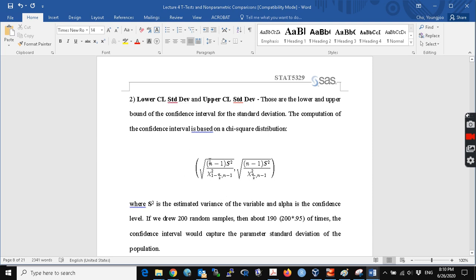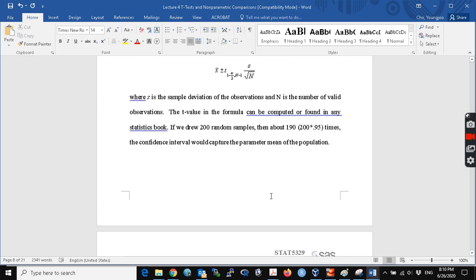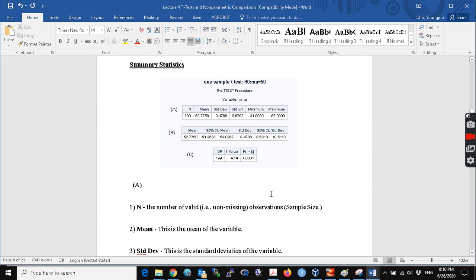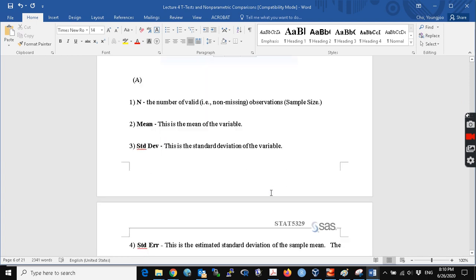Based on that, the lower bound of the confidence interval is n minus 1 times s squared divided by the chi-square value at 1 minus alpha divided by 2, with n minus 1 degrees of freedom. And the upper bound is n minus 1 times s squared divided by the chi-square value at alpha divided by 2, with n minus 1 degrees of freedom. So the interpretation is that you are 95% confident that the population standard deviation is between 8.63 and 10.51.